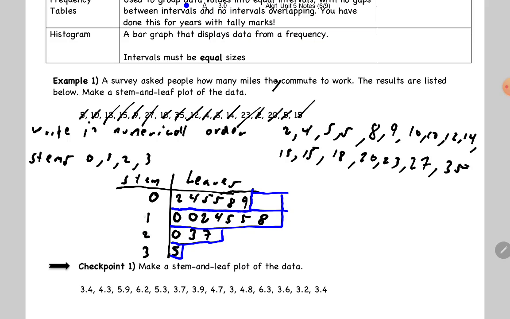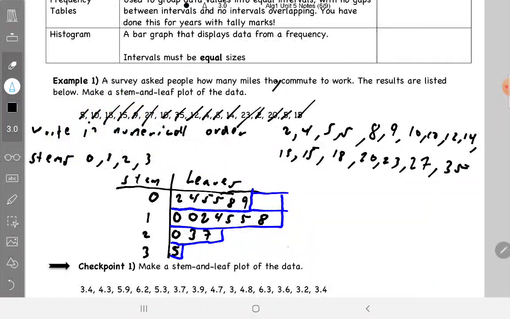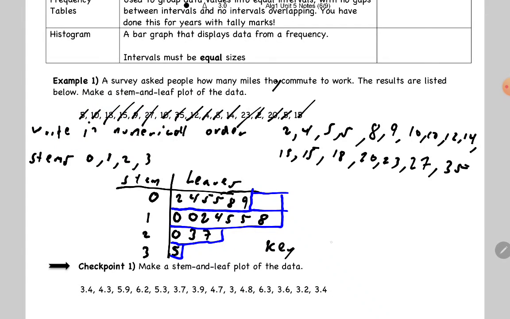Stem 1 represents our tens. You always want to write your key. The key means, for example, 3 | 2 equals 32. Stem on the left, leaf on the right.